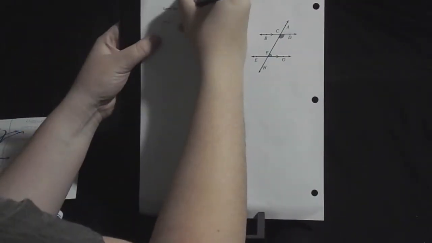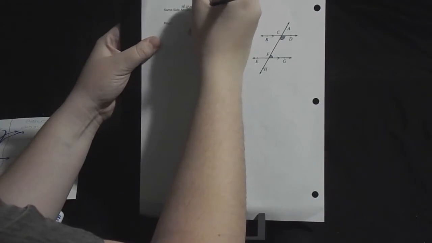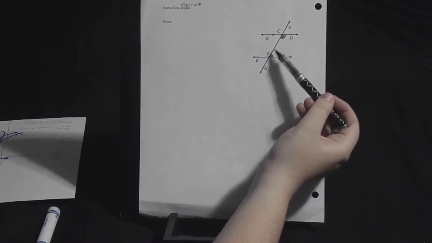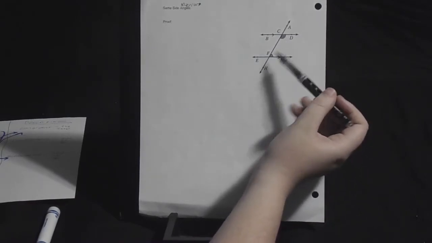Moving on to the second one for today, we have same side angles. It should actually be called same side interior angles, but I forgot to put that word in there when I made these notes. So it's same side interior angles because it matters that they're on the same side of the transversal, but still inside the parallel lines.